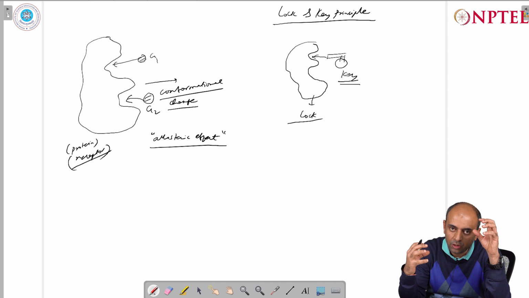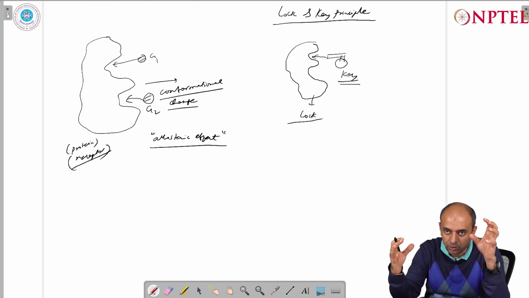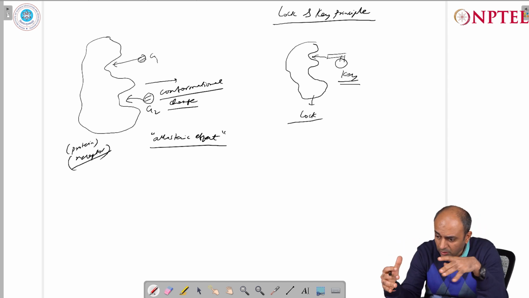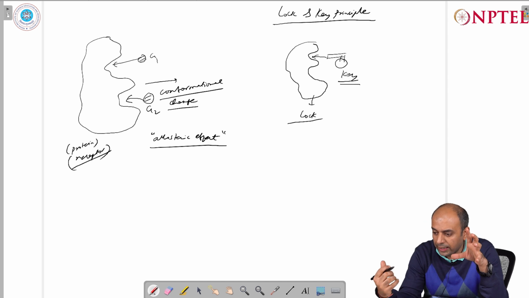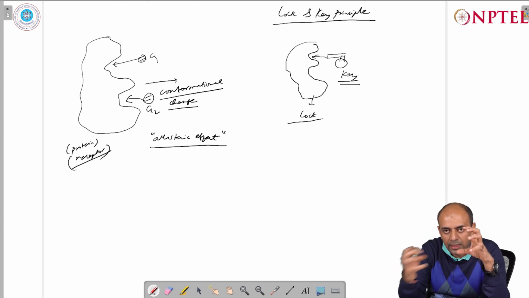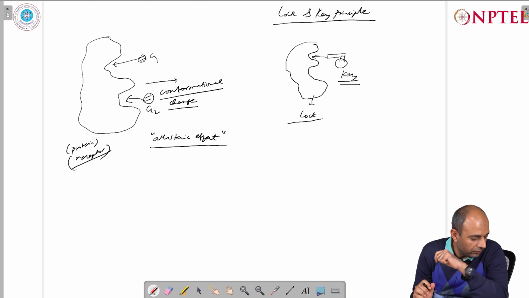So, in biology we call them receptor substrate interactions, whereas in the small molecule chemistry community we say host guest interactions. So, the protein is my host and I have the guest molecule, and only where the voids are present or the space is present, the ligand molecule can go and simply attach itself. This was the concept which was proposed by Emil Fischer, which we called the lock and key principle.